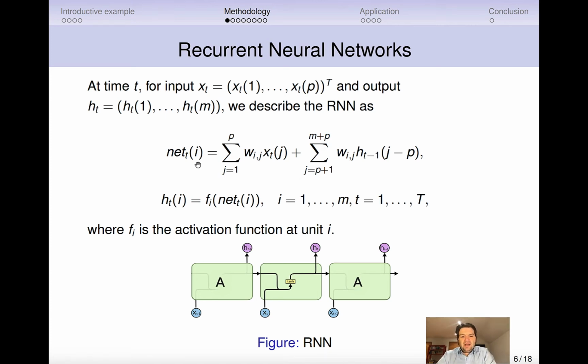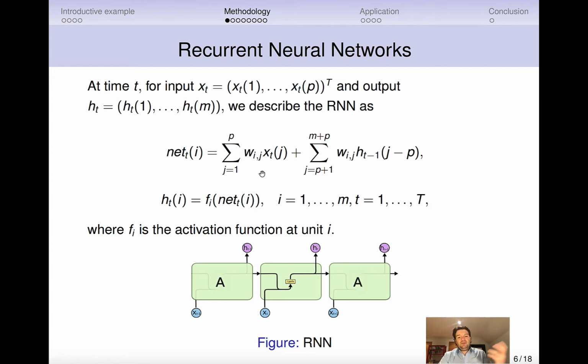and we defined here in this case the net at time t for the cell i. In the case of a recurrent neural network, when we have dependence on t, this is, as in a classical multi-layer perceptron, a sum of weights that go from j to cell i, j equals 1 up to p for p variables, times xt of j, the different components of the vector x.